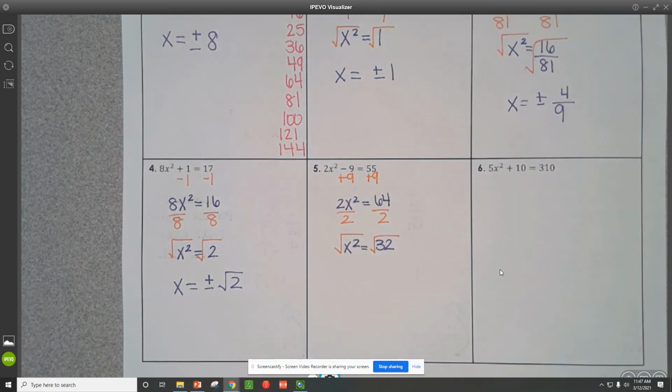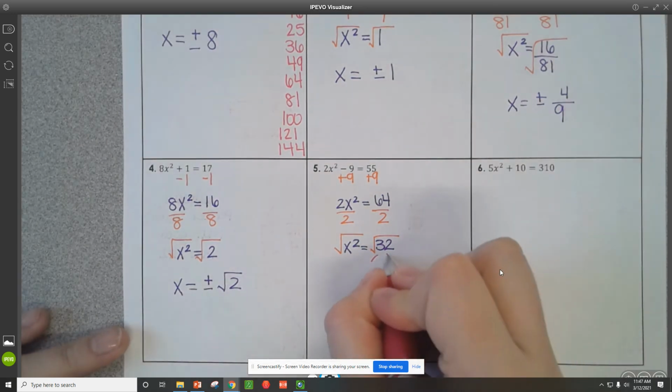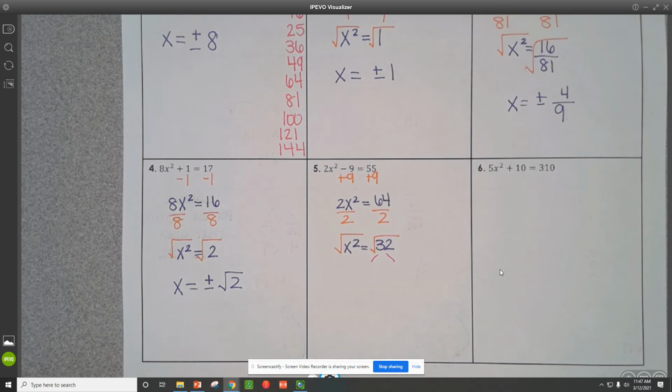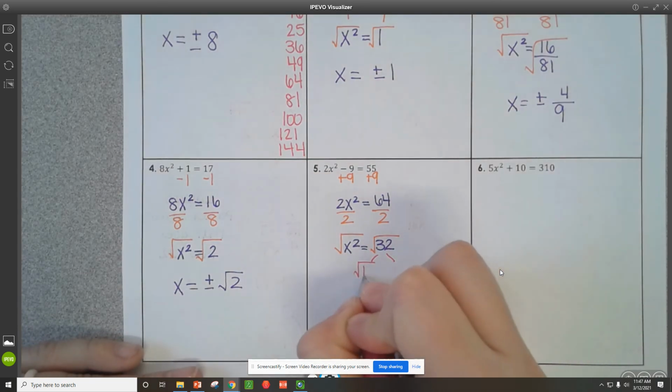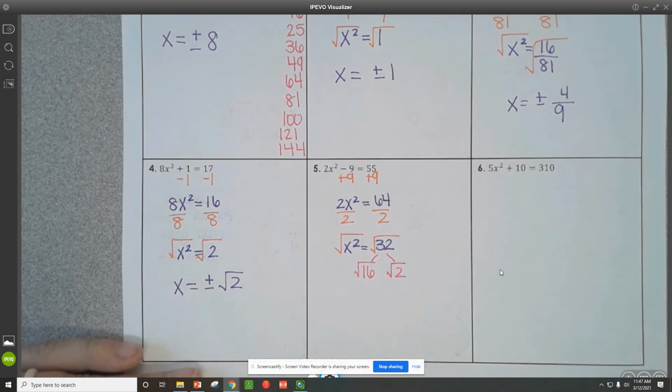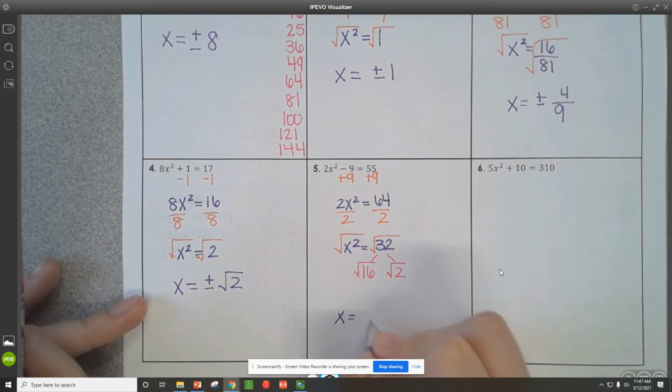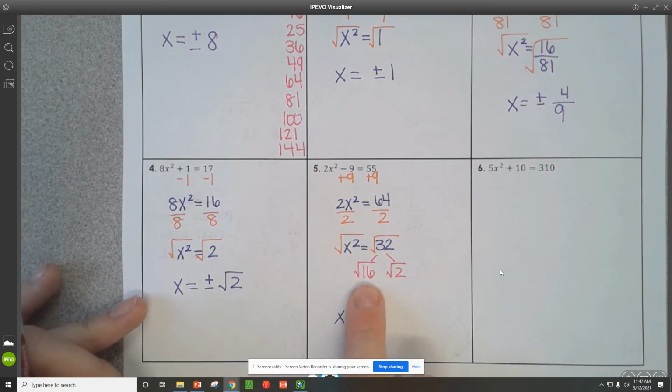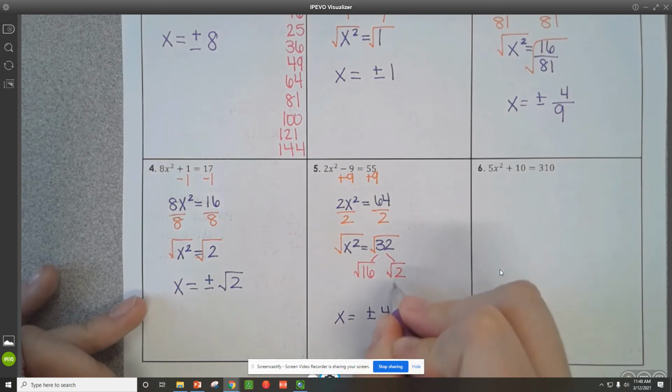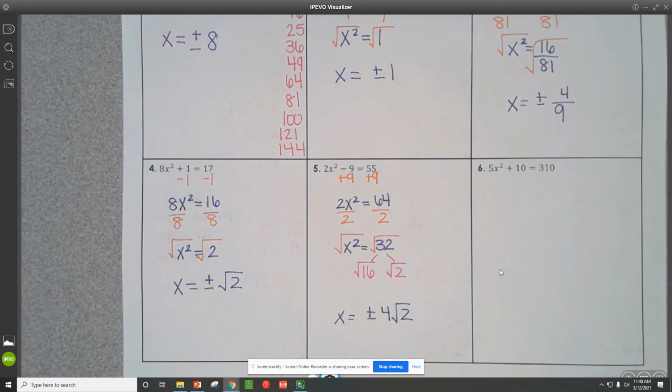Now 32 is not a perfect square, so we have to break it up. Remember, you want the largest, not just any, it has to be the largest perfect square that goes into 32. And that is 16. 16 and 2. So x equals plus or minus, the square root of 16 is 4, and then we just bring down the radical 2.